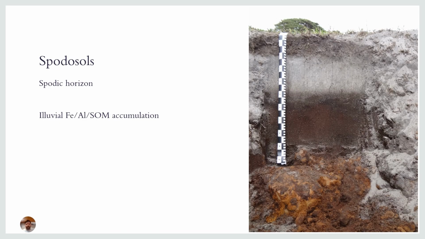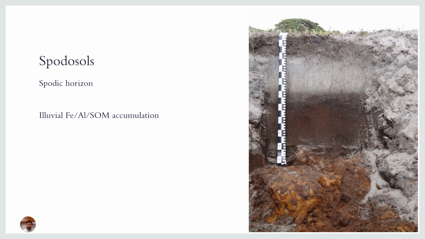The other soil order that we need to talk about is the spodosols. The spodosols are soils that present spodic horizons, okay? These spodic horizons, as we know, express illuviation, migration, but essentially of organic materials.